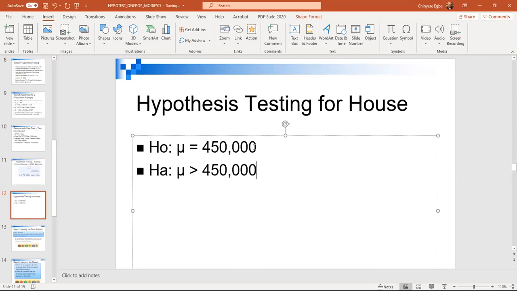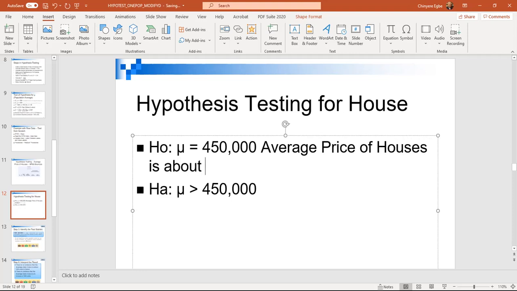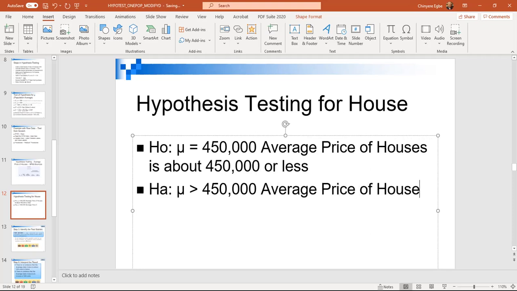So the null says the average price of houses is about 450,000 or less. The alternate says the average price of houses is higher than 450,000.